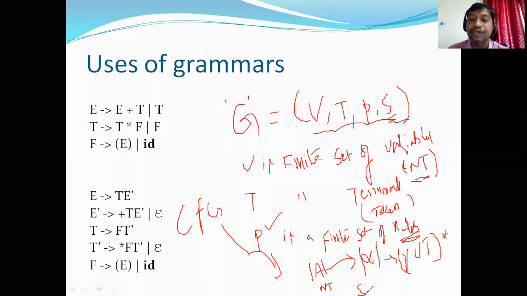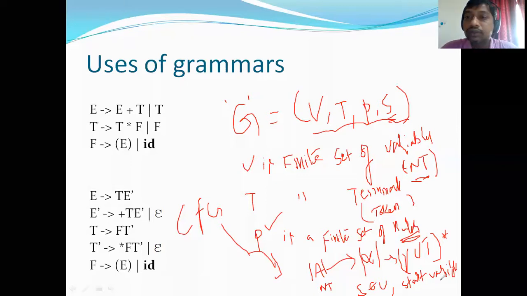S belongs to V. S is one of the variables, designated as the start variable or starting symbol of the grammar. This is very important. You need to know this definition, then only you can understand the logic behind the grammars.